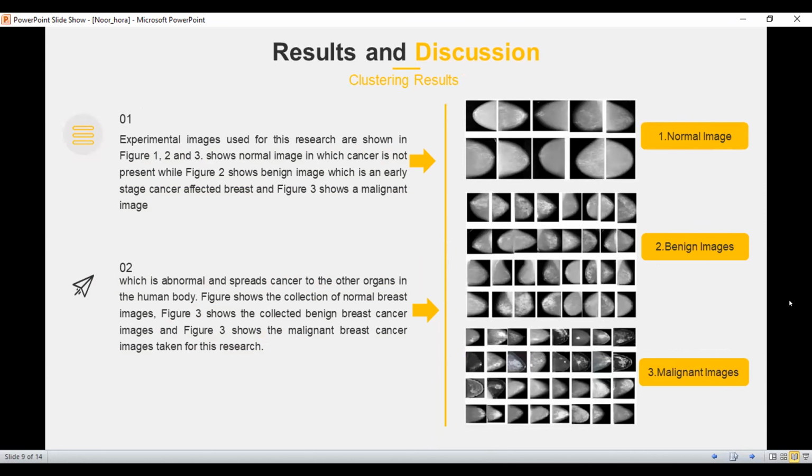Figure 2, the benign image, shows benign tumor, which is abnormal and sparse cancer, on the other hand the malignant image.